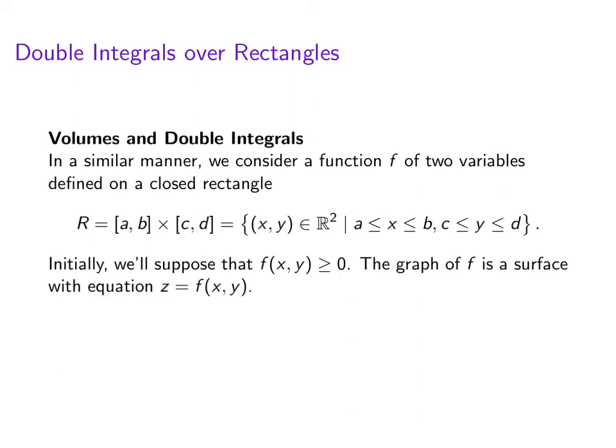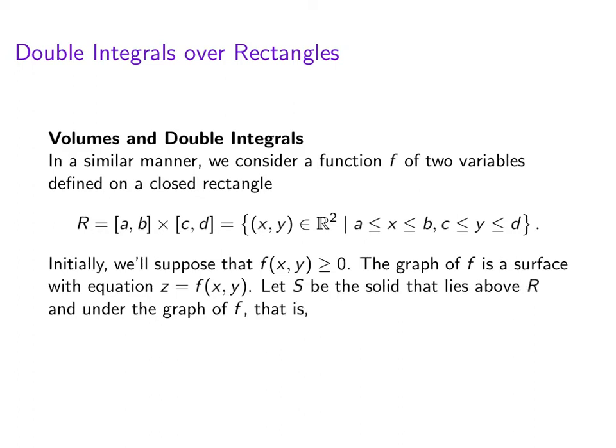So the graph of f is a surface whose equation is z equals f of x,y. Let's let S be the solid that lies above R and under the graph of f. So it's the set of points in three-dimensional space where the z values go between 0 and f of x,y, and (x,y) is in the rectangle.